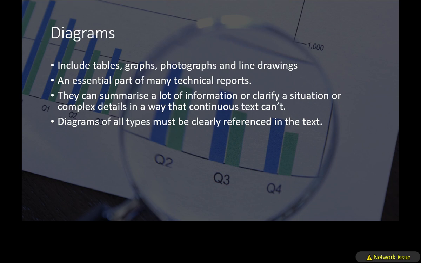Nobody will be confused about what you mean by right and left and bottom and top. So it can summarize information, it can clarify information, or it can show complex details which you cannot show in the text.